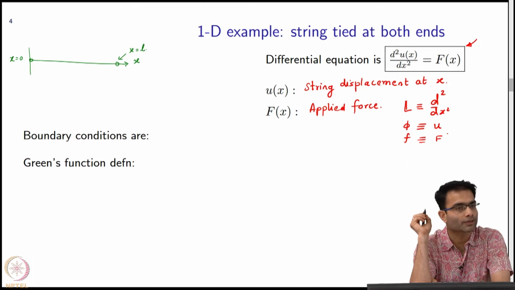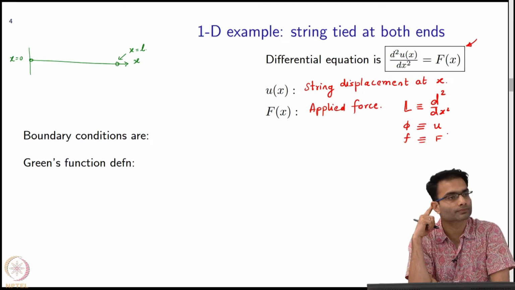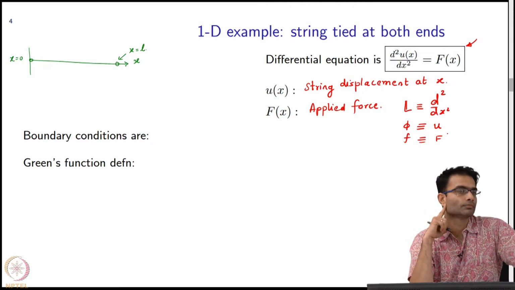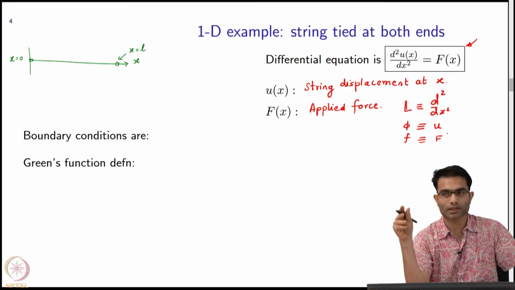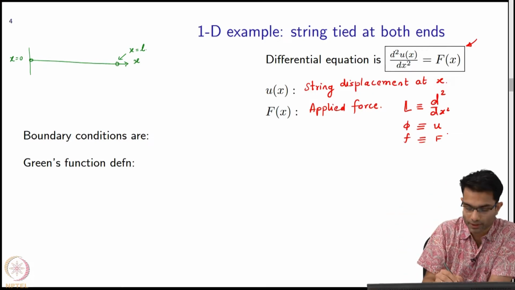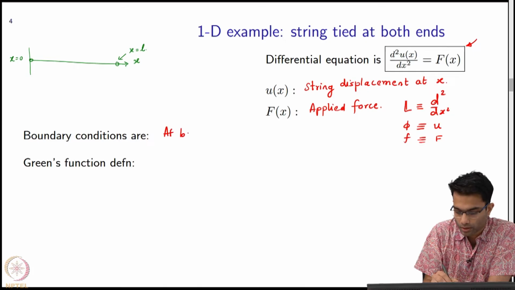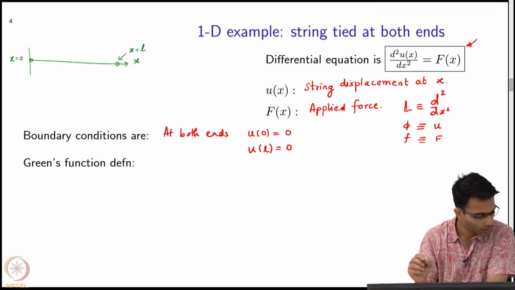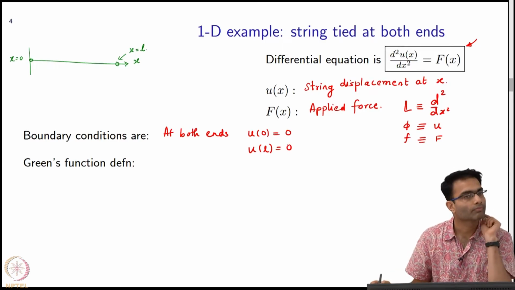For this physical problem, what do you think are the boundary conditions? Yes, it is clamped at 2 ends. So, the boundary conditions are at both ends, the displacement u of 0 should be equal to 0 and u of L should be equal to 0.